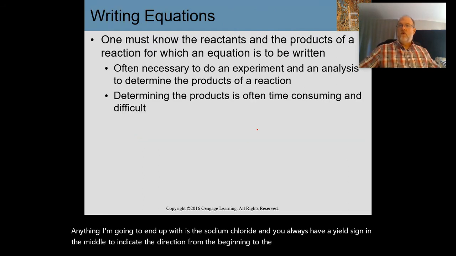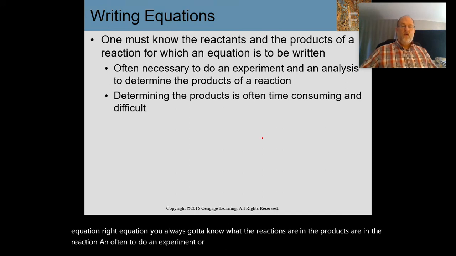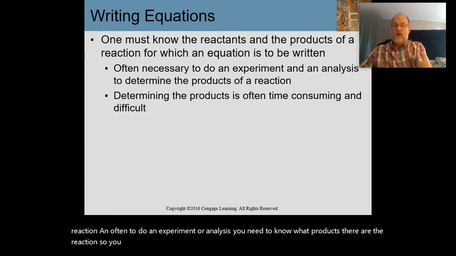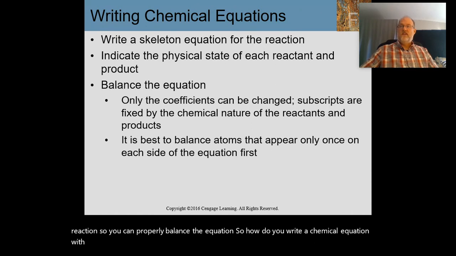When you write a balanced equation, you always have to know what the reactants and the products are in the reaction. And often, to do an experiment or analysis, you need to know what products there are so you can properly balance the equation. So how do you write a chemical equation? Well, the first thing you do is write the skeletal equation, which means all the components, not balanced.